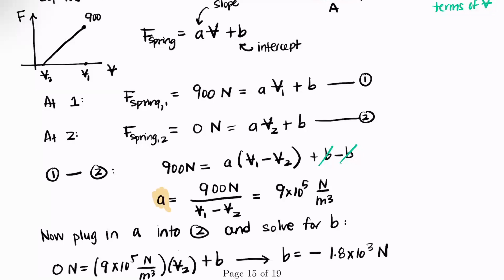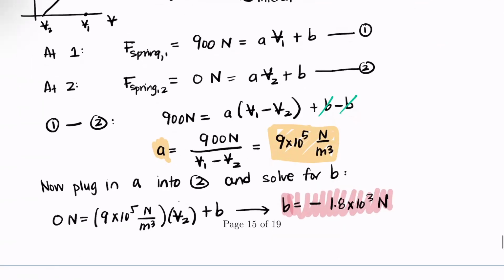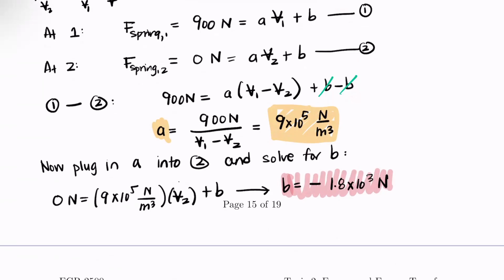So we have A, and we also have B. Oops, this is B, and then this is A. Okay, so now we have our equation for our force.